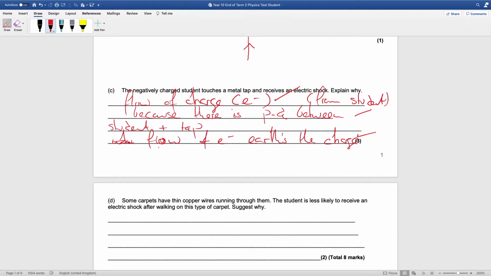So the charge will not build up on the student because of the conduction of the copper.